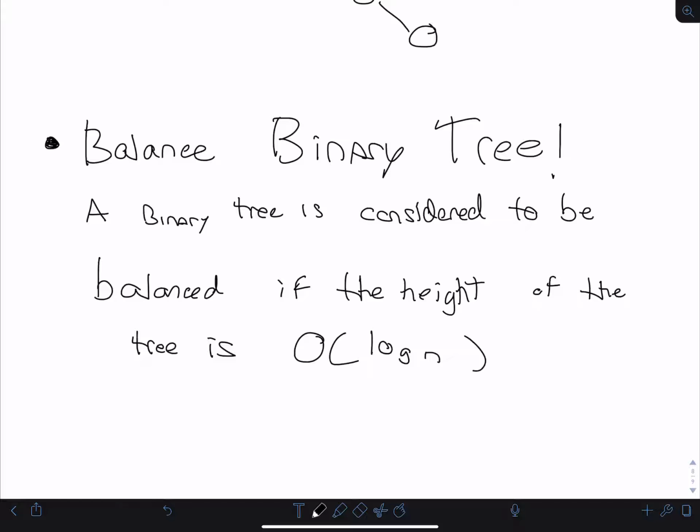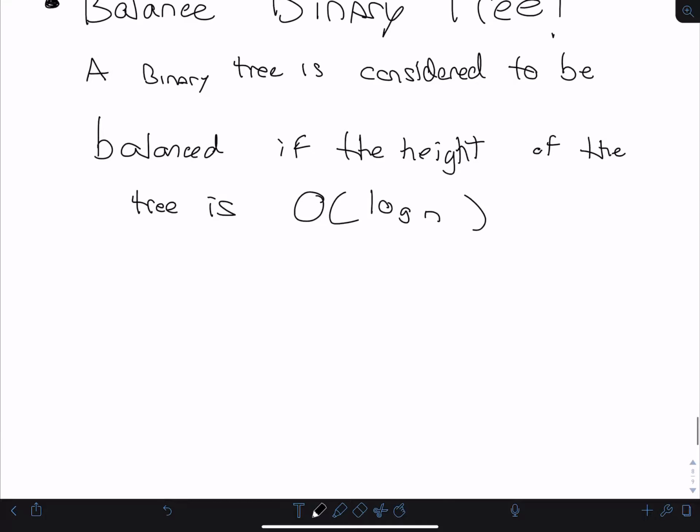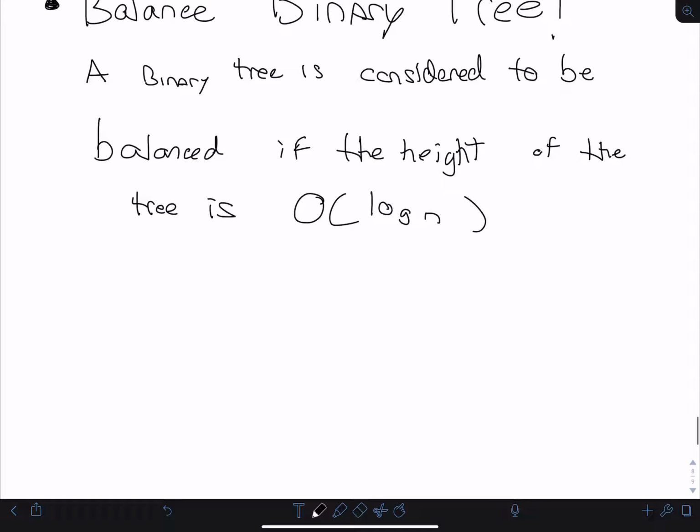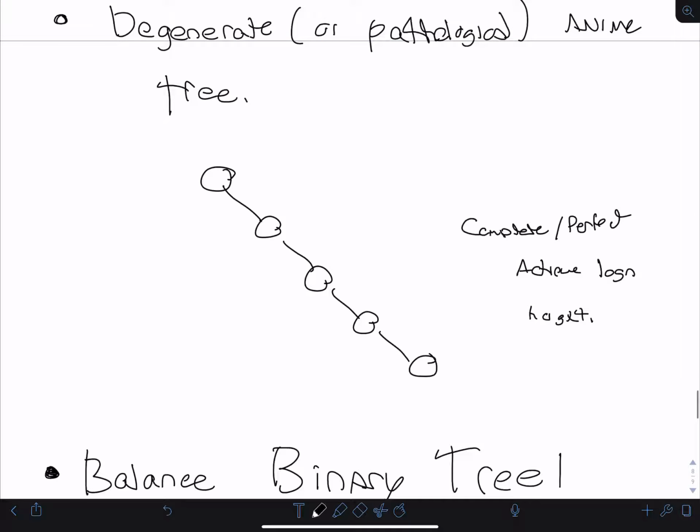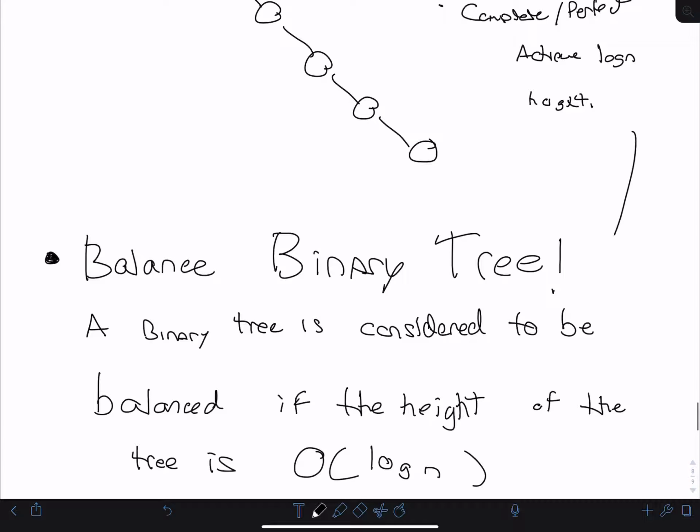So, let me throw in some examples here. And then I'll actually tell you how to figure out whether something is balanced or not. This looks balanced, right? I mean, you already saw, you can consider any complete and perfect trees to be balanced, okay? So you can consider them to be balanced.